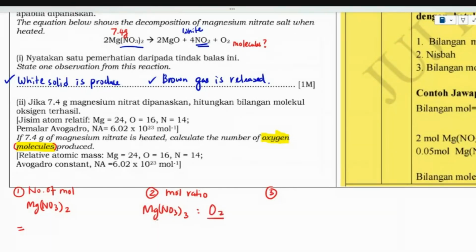Then finally, you find the number of oxygen molecules. Everybody, try to calculate this.